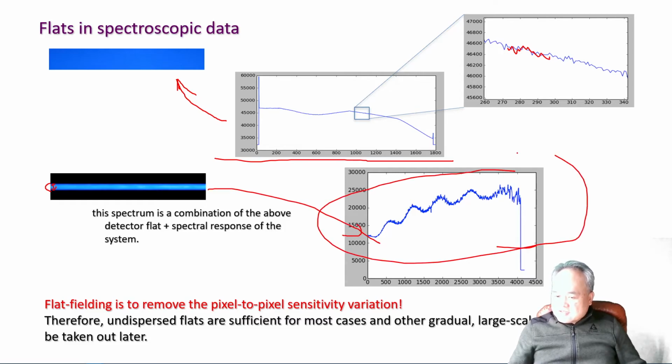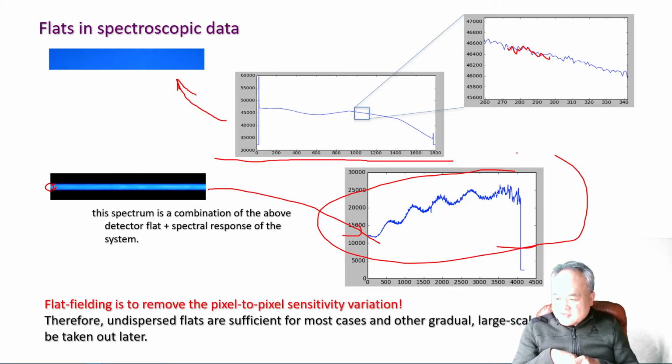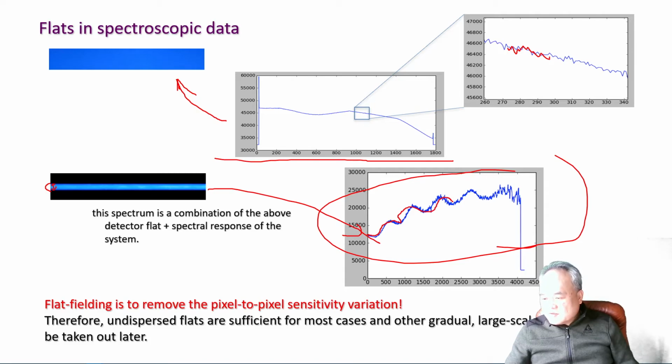Okay, so this is just a simple flat, the arc images, or it's just white light dome flat images at the spectrum. And then you can see that there is some global spectral sensitivity variation across the whole spectral region. So which one, either the one or two?